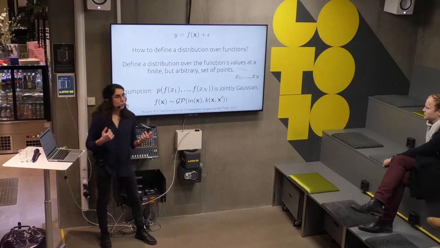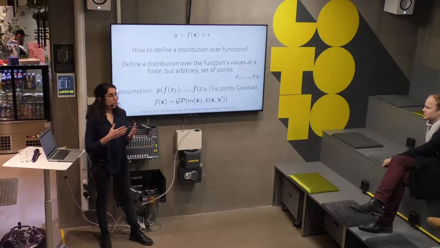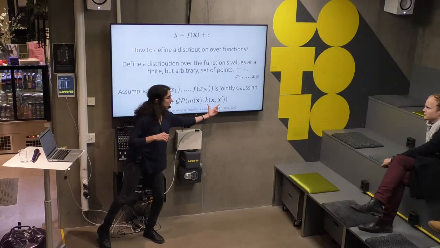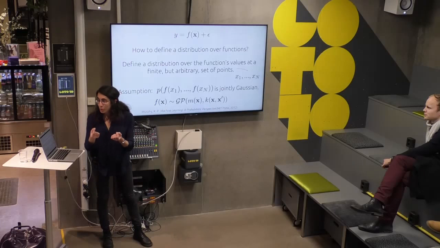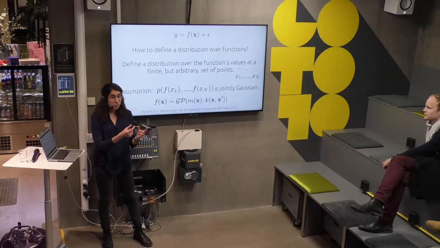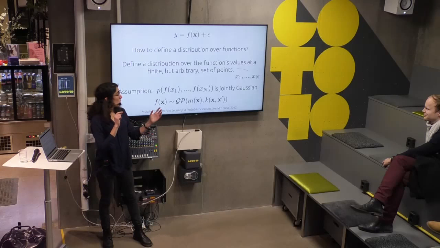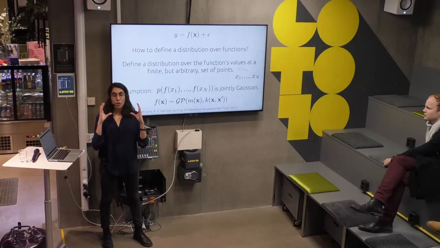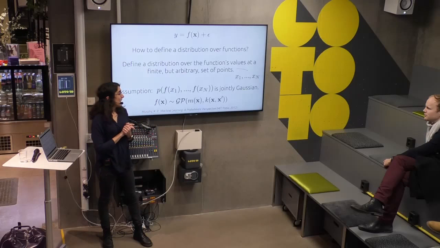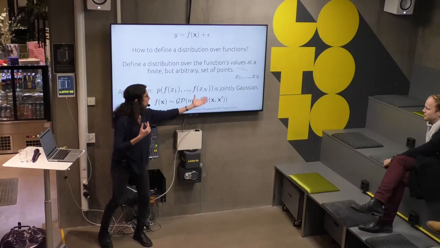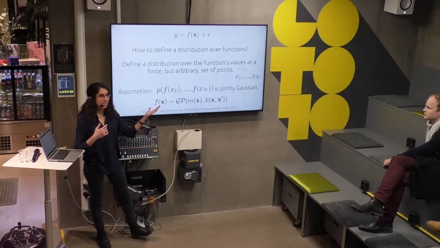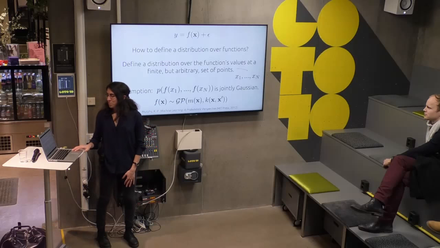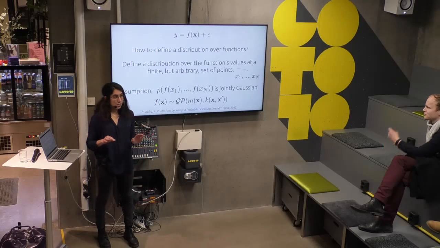This kernel function is going to define a covariance. If we have a joint Gaussian, we think of a mean and a covariance. This is a function that takes two input points and outputs a scalar. By using this positive definite function, we can compose a covariance, and this covariance is going to be the actual covariance of the joint Gaussian that we need to describe our f. This is how GPs work.